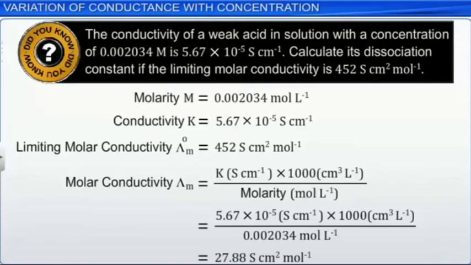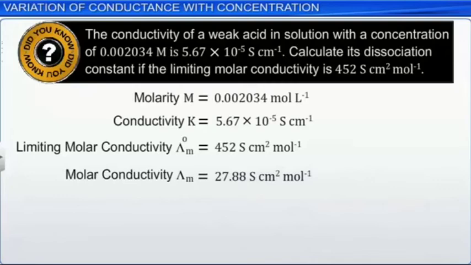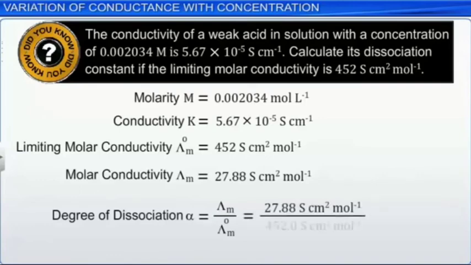Now, you can find the degree of dissociation for this weak acid, since you know that alpha, the degree of dissociation, is the ratio of molar conductivity and limiting molar conductivity. By substituting the values and simplifying, we get the degree of dissociation as 0.06168.